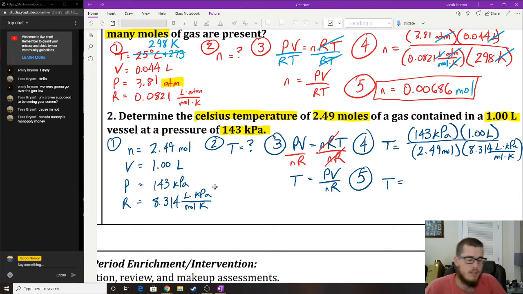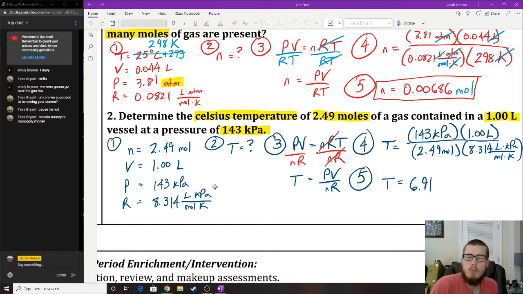Whatever order of operations you decide to use, which honestly, if I were not teaching right now, I'd be using lots of parentheses and doing it all in one line. If you're not comfortable with your order of operations, only do one thing at a time. Multiply, enter. Divide, enter. Divide, enter. Whatever it takes. So I get a temperature of 6.9. Wow, that's cold. Technically, you could make it 6.91 if you want.